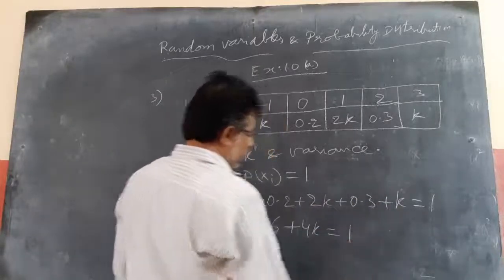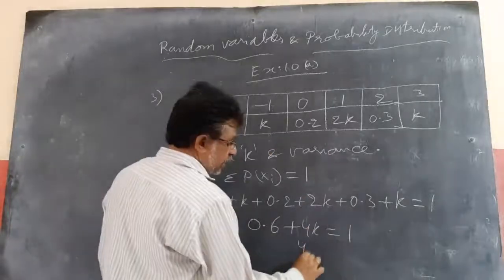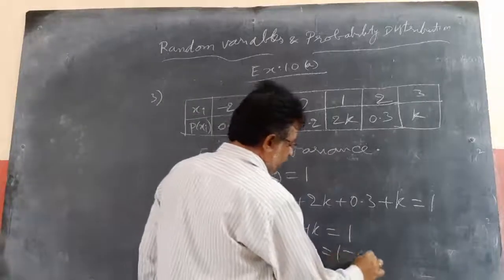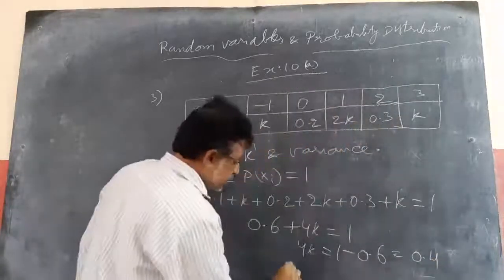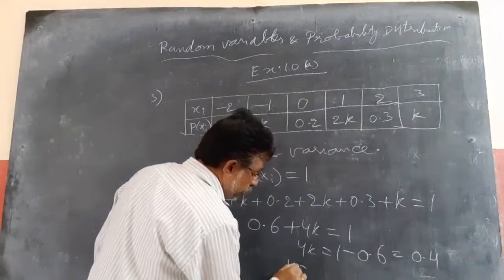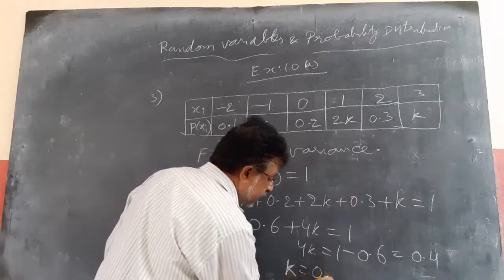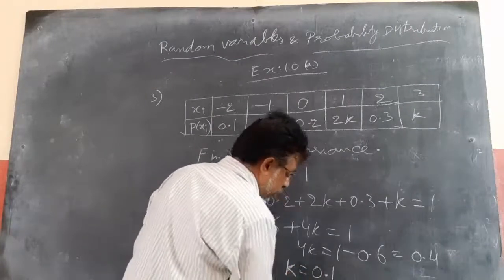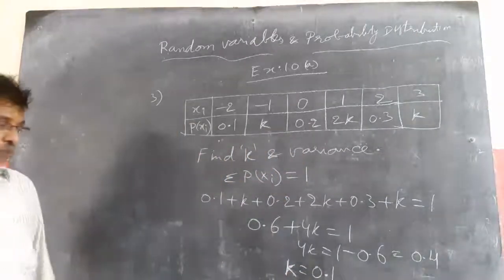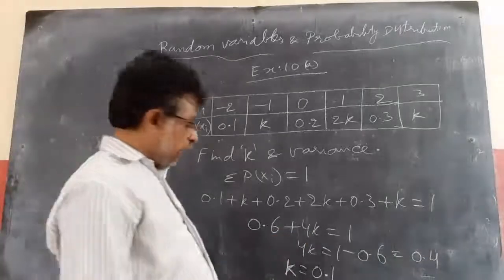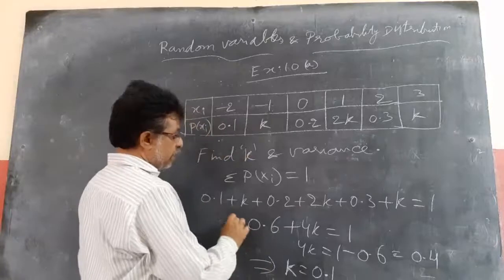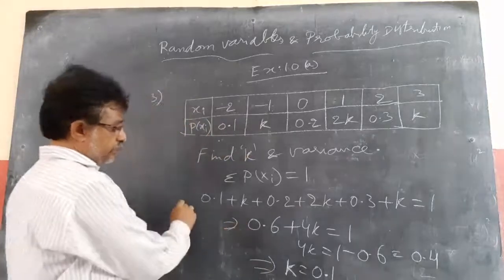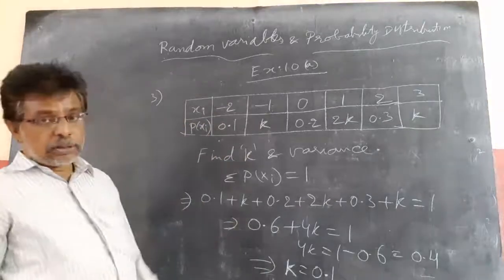So 4K equals 1 minus 0.6, which is 0.4. Implies K equals 0.4 by 4, so K equals 0.1.